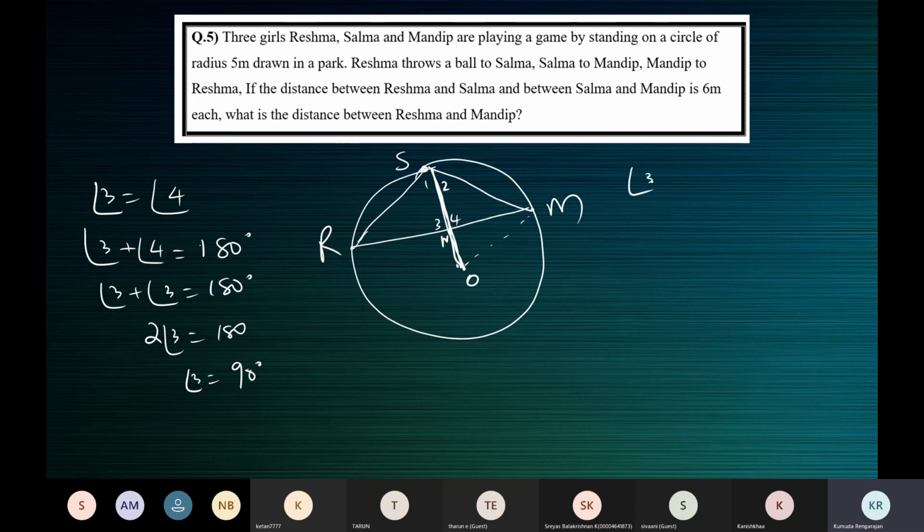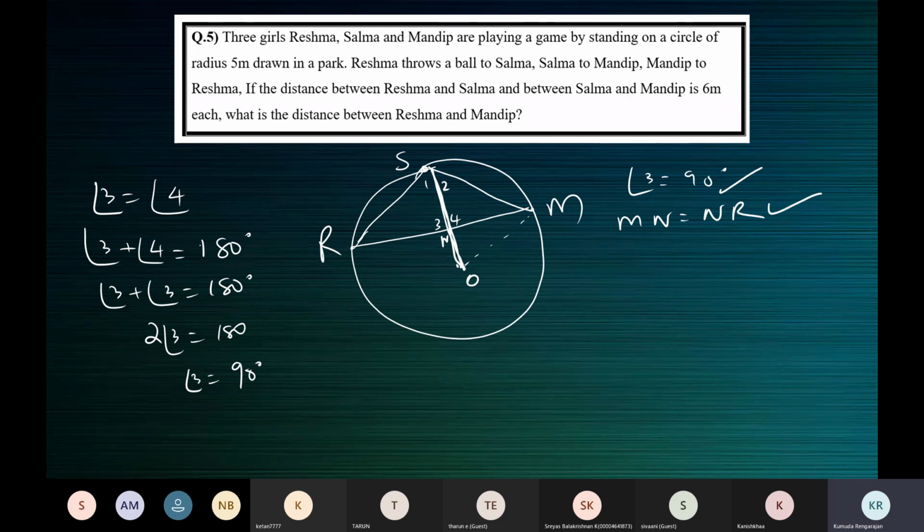Because we have two results: angle 3 is equal to 90 degrees, and also MN is equal to NR. So SO is the perpendicular bisector of MR, or SN is the perpendicular bisector of MR. Now, how is this useful?